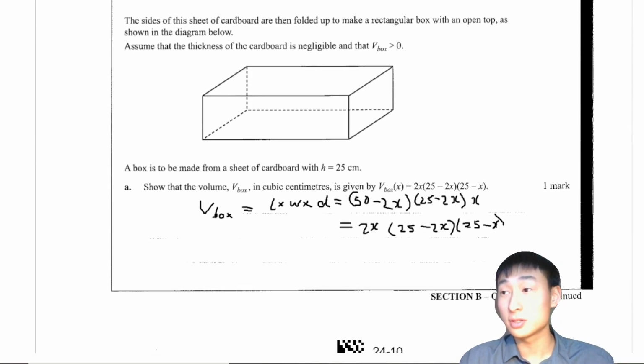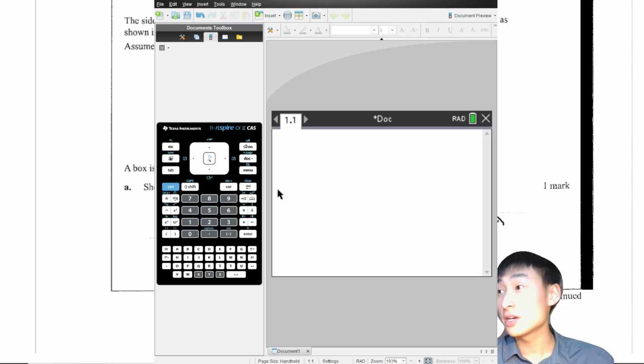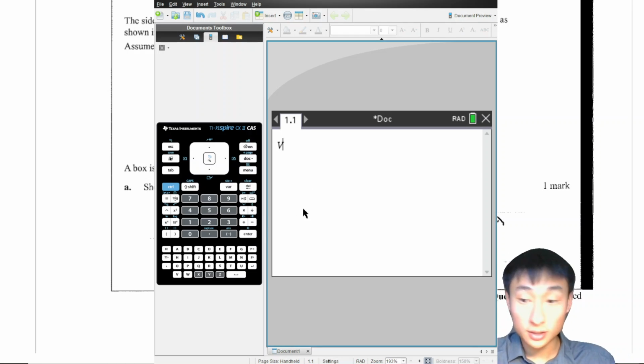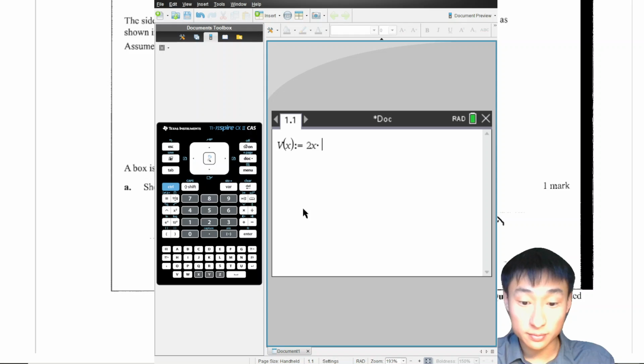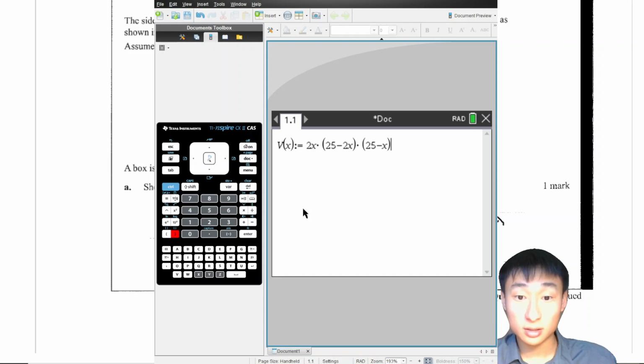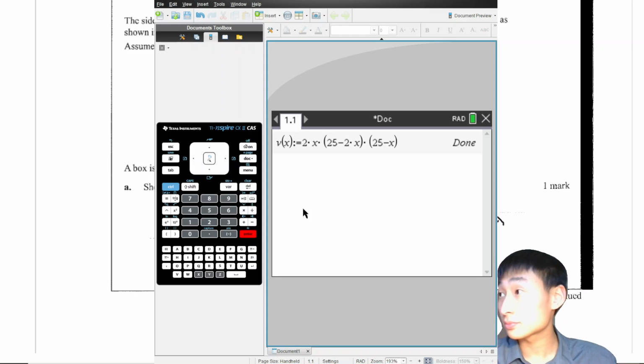Find a derivative of V box with respect to x. Okay, so what I'm going to do here is define my function V of x equal to 2x times (25 minus 2x) times (25 minus x). There we go. And then I have to derive it.